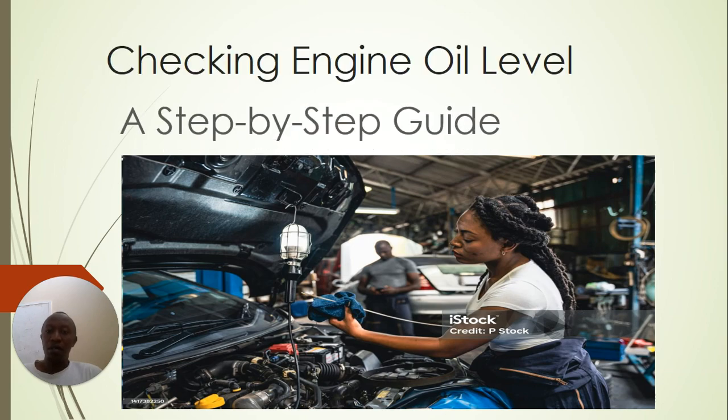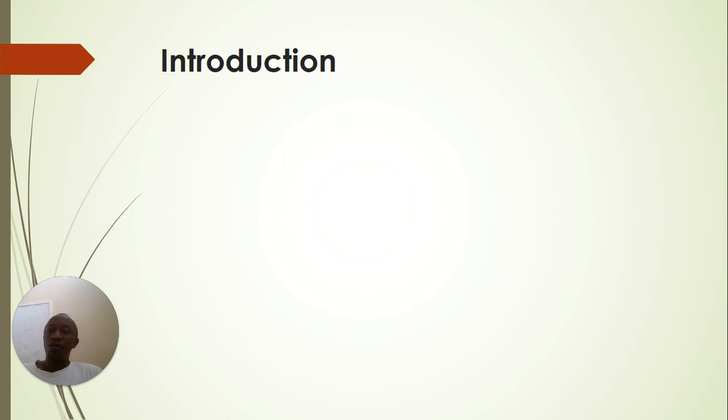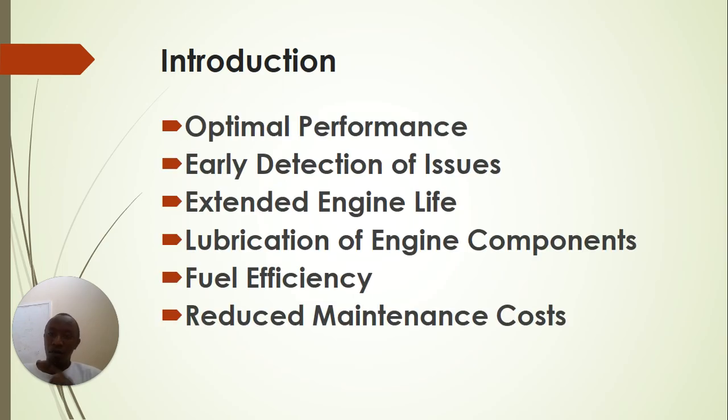on a tractor. And we'll start with checking the engine oil level. First of all, we need to look at the importance. Why do we conduct the engine oil inspection? The first reason is to ensure that the tractor operates in an optimum condition.